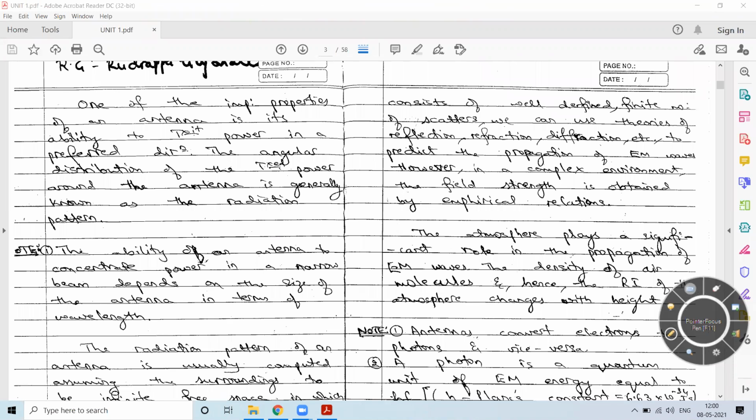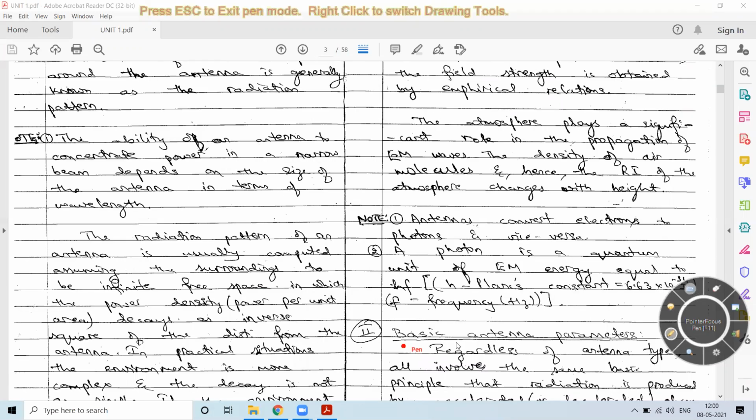Now we come across the basic parameters of antenna. It will include a few things over here. That is, it will include the current, which is time variant. Then it will include the charge.